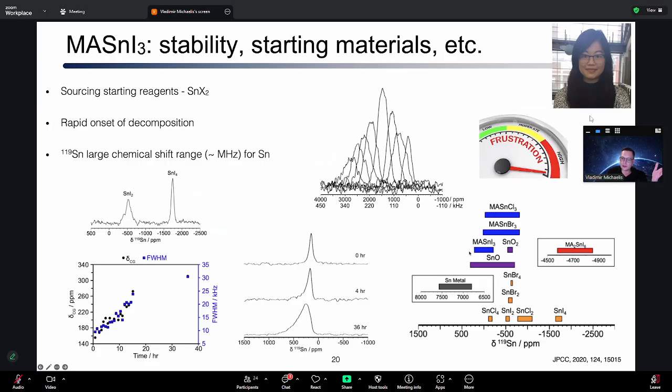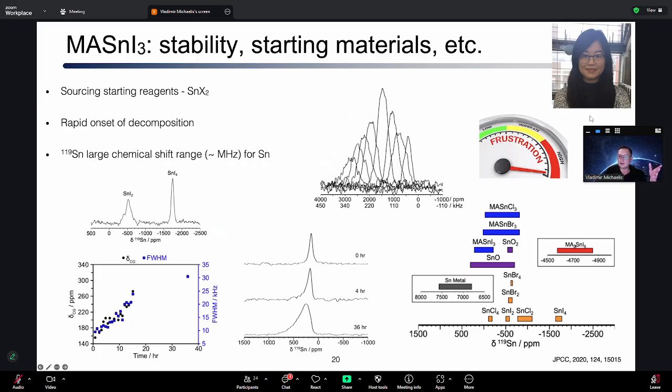What we've also learned is we've actually expanded the chemical shift range. If you think of carbon, we know that most carbon signals will show up between 0 and 250 ppm, okay? In tin NMR, so tin-119 NMR, we were under the impression that most systems show up between minus 2,500 and 1,500, so about 4,000 ppm. And then you have tin metal here around 7,500, okay?